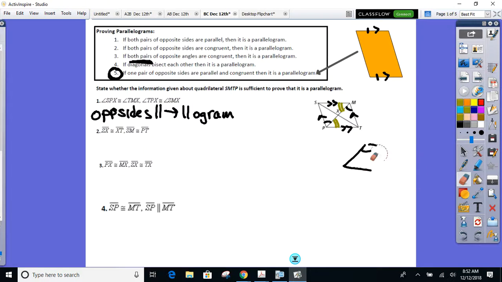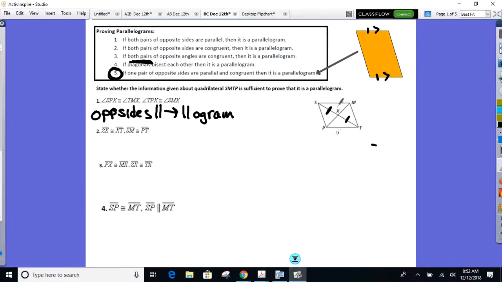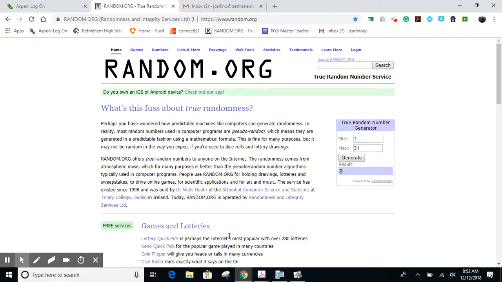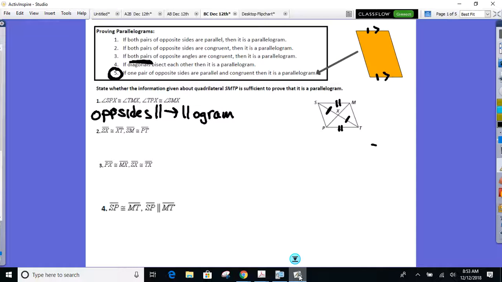Let's erase the diagram. New information. SX congruent to XT. SM congruent to PT. Enough information to say it's a parallelogram? Let's roll. Number 9, what are we thinking here? Enough info?